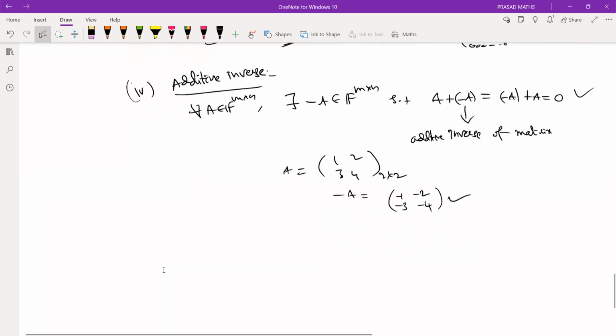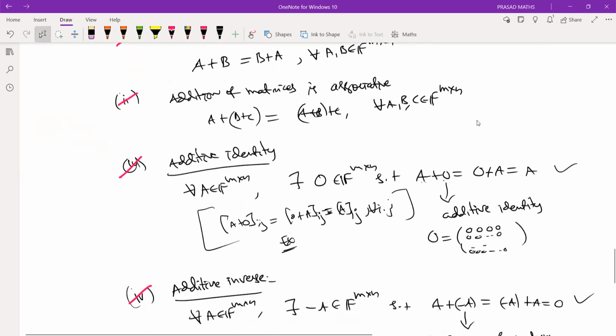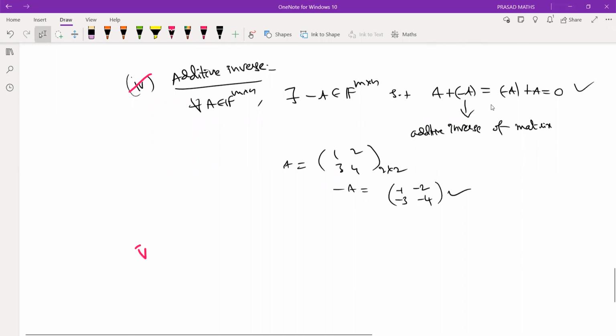So the matrices satisfy commutative, associative, identity law and inverse law. That means the set of all m by n matrices satisfying all this is a group, in fact an abelian group.